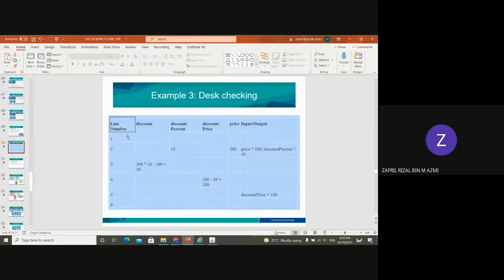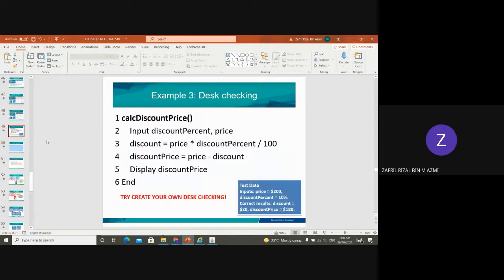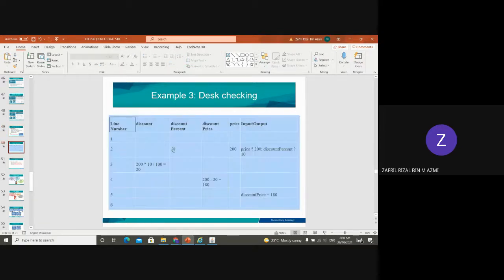In line 2 we have input, discount percent and price. So you may write it down like this. This is input for price, this is input for discount percent.